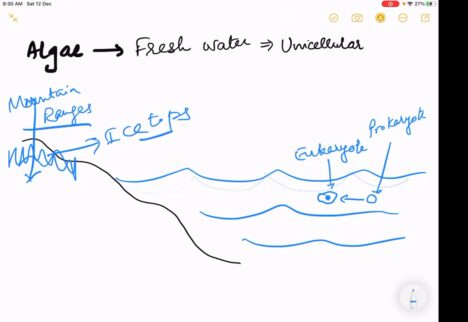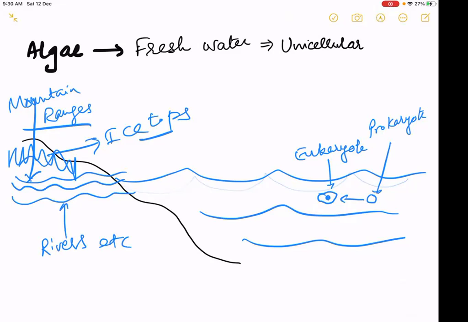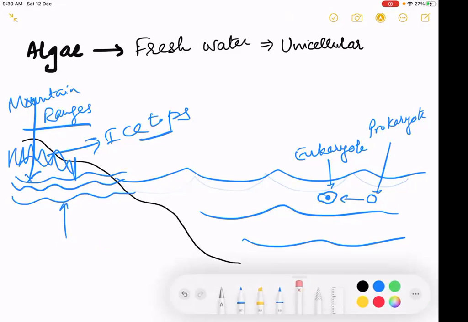Glaciers have been made, and they have in turn resulted in freshwater bodies like rivers and all that. So rivers, etc. Let me quote them as freshwater bodies. So I am writing freshwater bodies there.